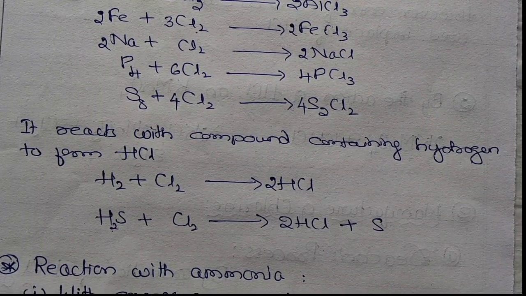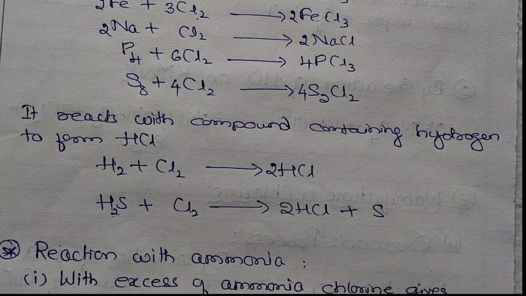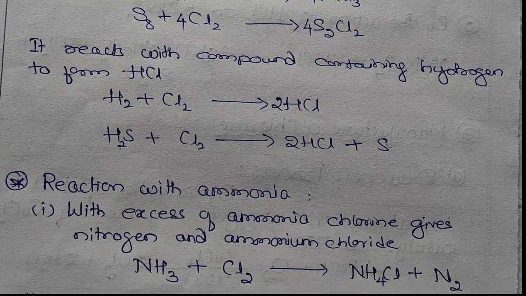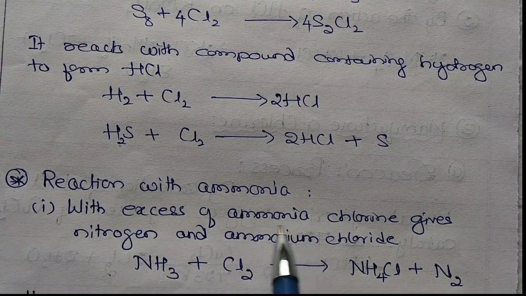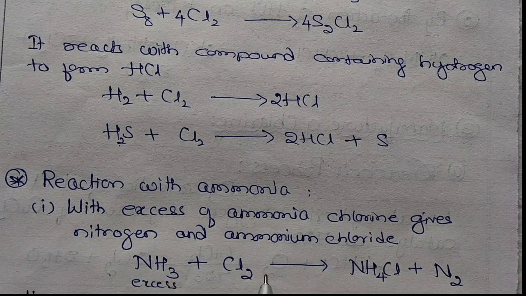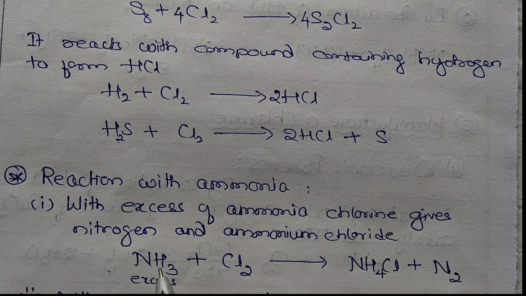With excess of ammonia, chlorine gives nitrogen and ammonium chloride. It's one of the important reactions. Since ammonia is in excess, it gives ammonium chloride and nitrogen gas is liberated.